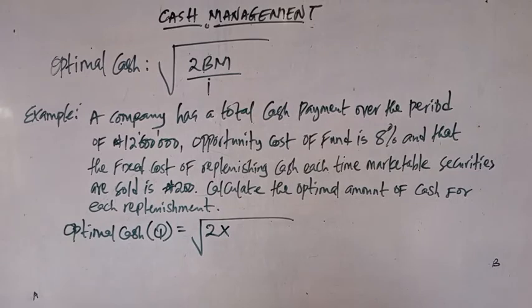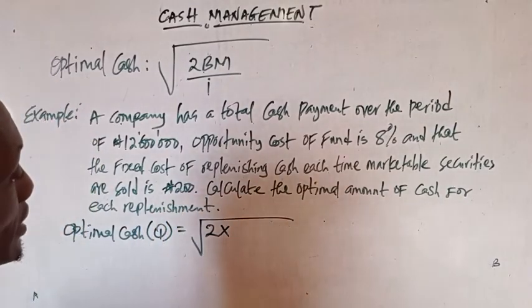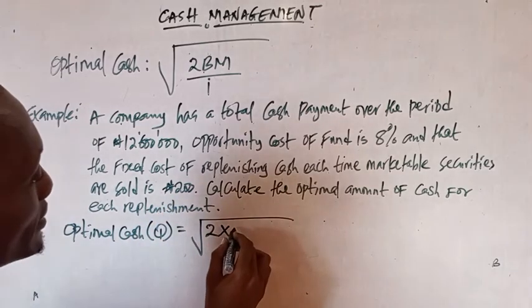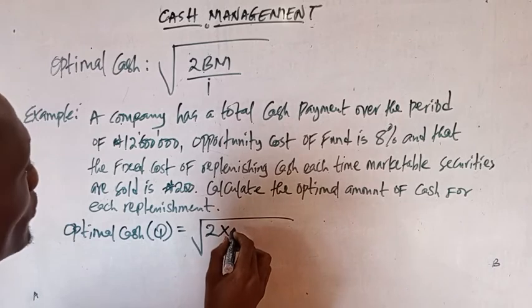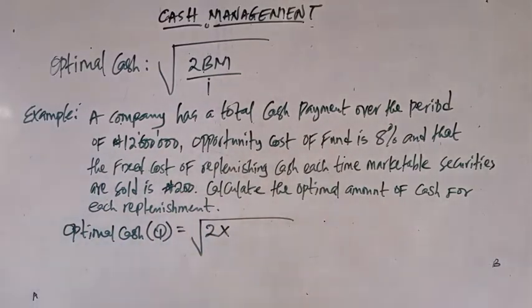Our B is the cost incurred anytime marketable securities are being sold, and M is represented by this. Anytime marketable securities are being sold, you have it. Please, my marker.